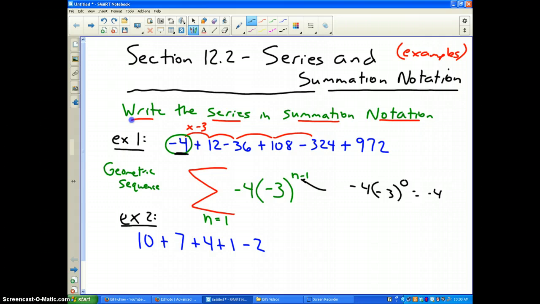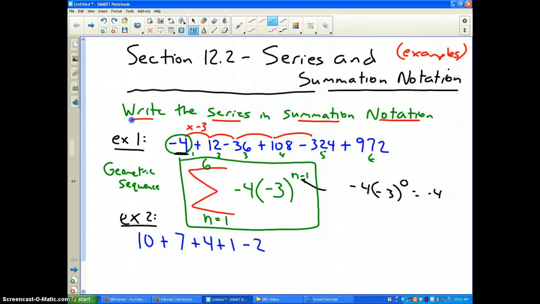So n equals 1, and then you just count how many terms there are. First term, second term, third term, fourth term, fifth term, sixth term. So I need n equals 1 to 6.